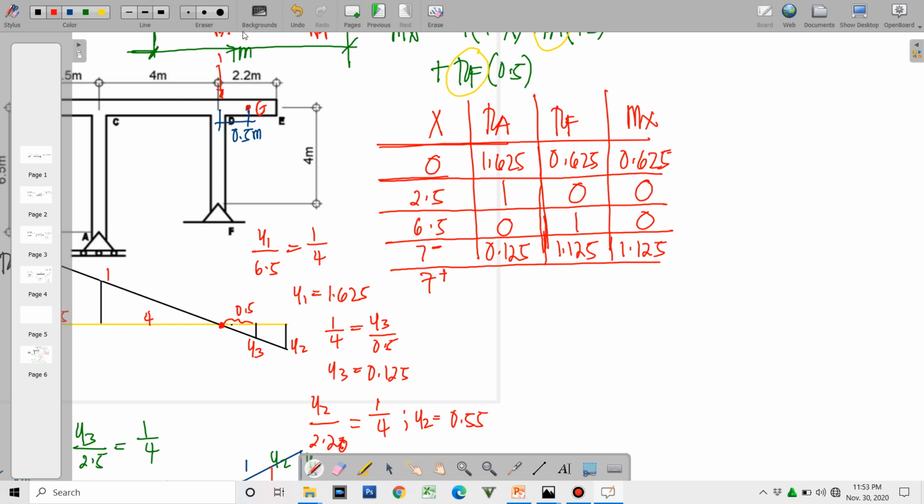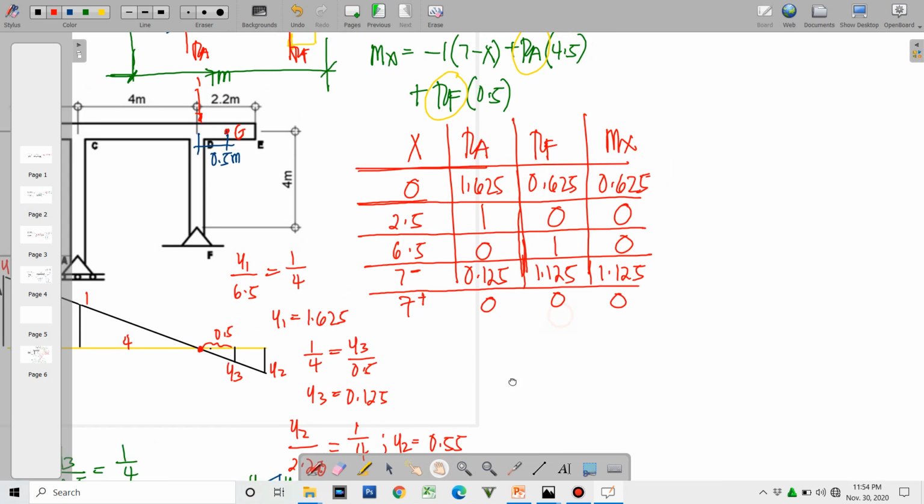So there will be no 1 here. So basically, all of the values will remain to be 0. Okay. So these are now our values for the influence line diagram.